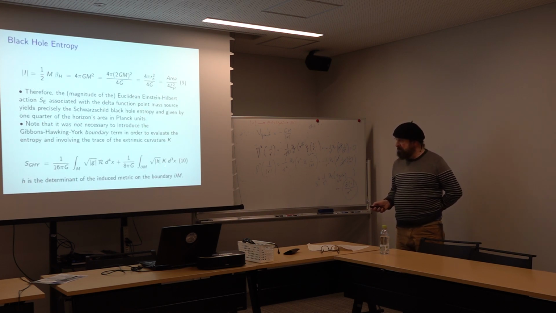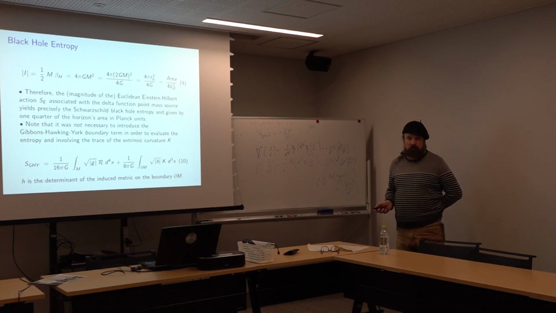You have to introduce this boundary term whose contribution is going to cancel the extra contribution you had when the variation of the first derivative of the metric is not zero. So this boundary term is necessary in order to reproduce the Einstein field equations. When you do that, you end up with the Hawking-York action, which includes a boundary term.